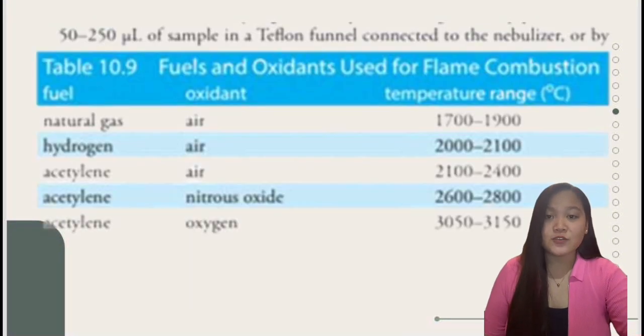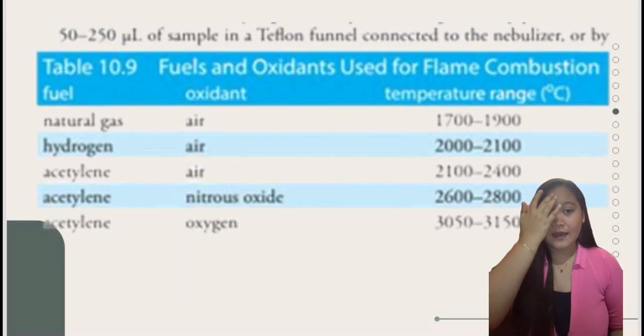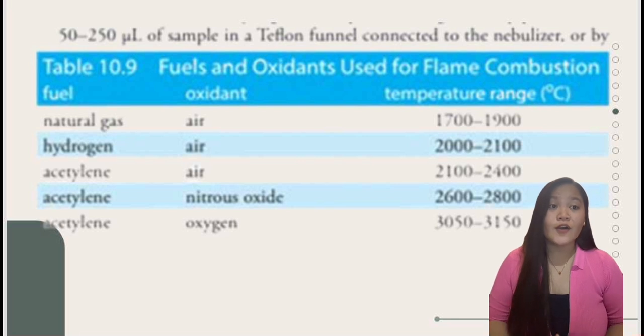So makita diri sa ato ang table ang fuel o yang oxidant o ang flame nga or ang temperature range niya. So for example, the natural gas, iyang oxidant is air, and the temperature range around 1700 to 1900. And for the fuel, hydrogen, yang oxidant is again air, and yang temperature range nagkataas, which is around 2000 to 2100.